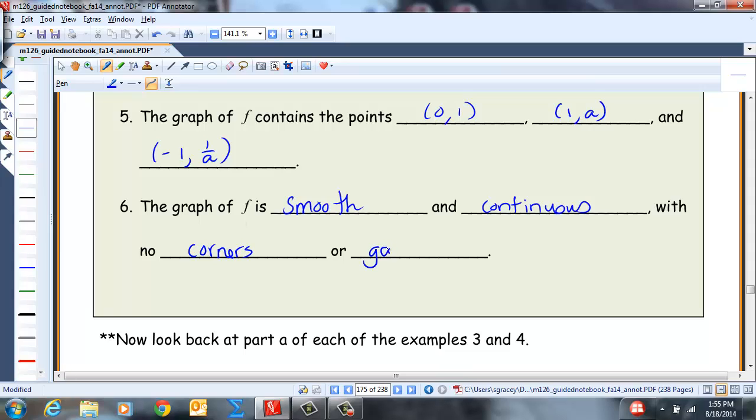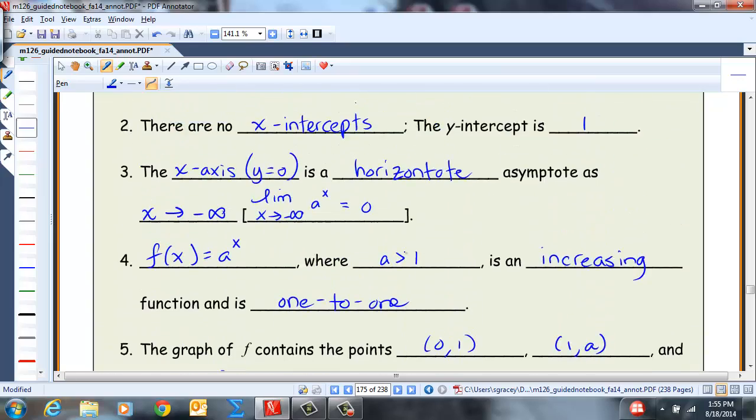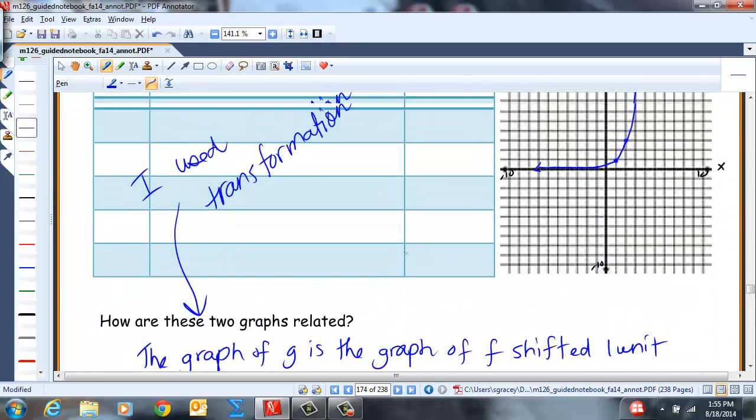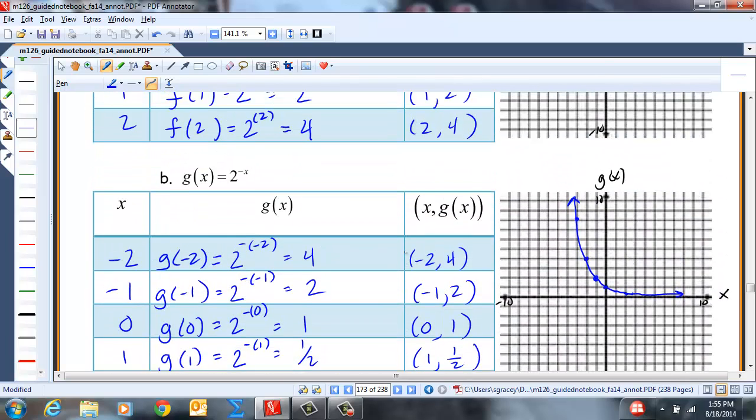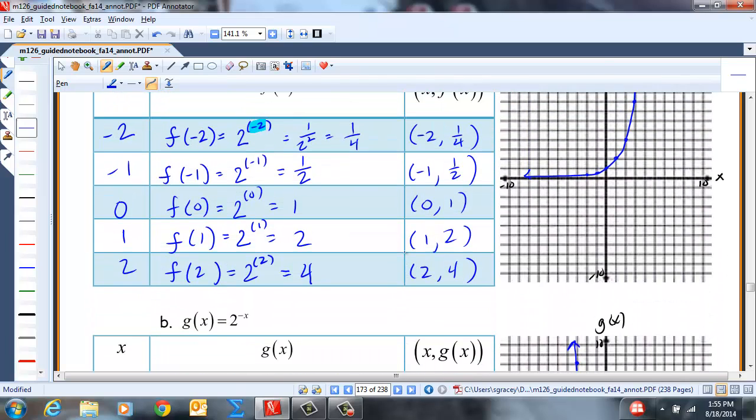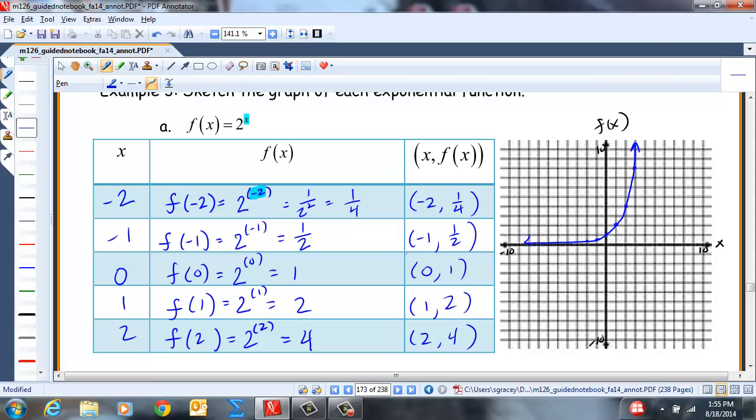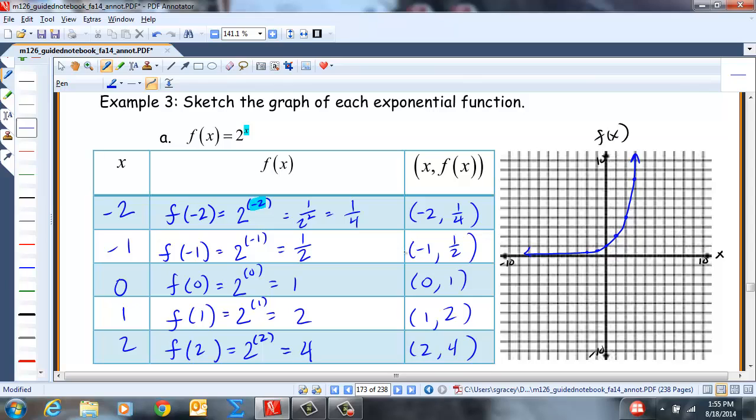So, okay, let's look back to what we just worked on at part A of each of these examples. Notice that our a was 2 in this example 3A. So 2 is greater than 1, and all the components that we just mentioned are there.